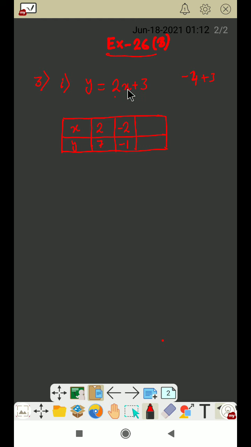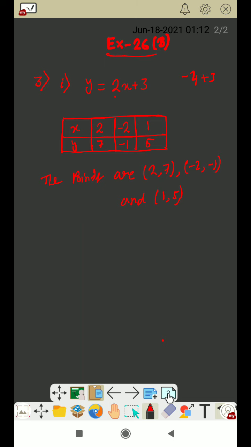And if you put 1, then you will get 2 times 1 is 2, plus 3, it will be 5. Now the points are 2 comma 7, minus 2 comma minus 1, and 1 comma 5. So now you have to plot the points in the graph.